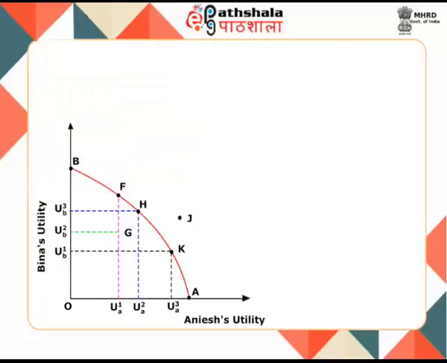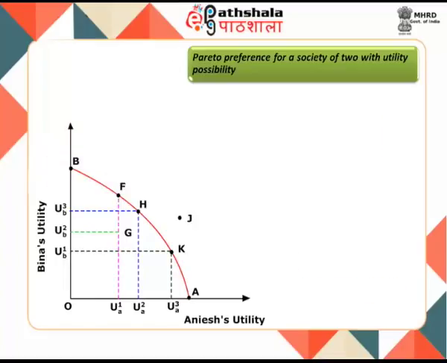Next, suppose a society consists of only two individuals, Anish, whose utility is represented on the x-axis, and Bina, whose utility is represented on the y-axis. Their respective utilities are represented by UA(XAE) and UB(XBE).